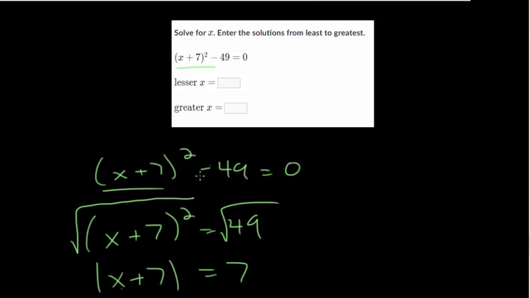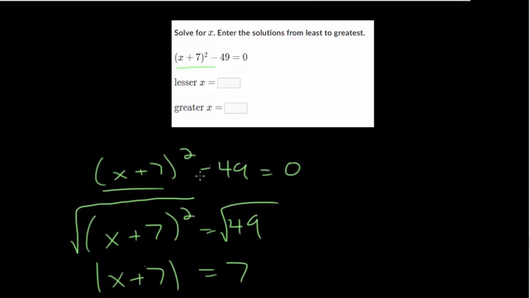You can think about it. If you had, let's say, minus 14 in here, minus 14 plus 7 would be minus 7. But when you take the absolute value of that, you do get back to positive 7. And also 0 would work as well, since 0 plus 7 is 7, and the absolute value of a positive number doesn't change it. It stays positive.